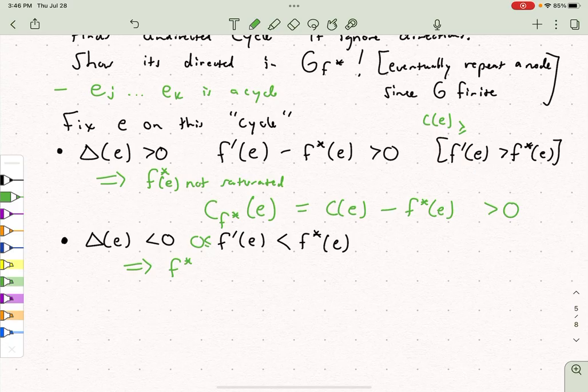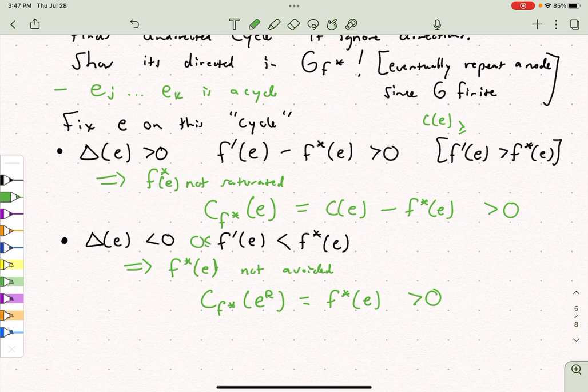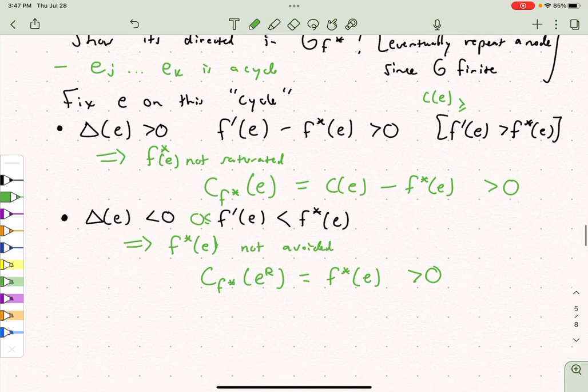So in the residual, we have the capacity of the opposite of E, specifically E reverse. So if you went the opposite way, this will be equal to f star of E. Because remember, f star of E is the amount we can remove from that edge and still be feasible.